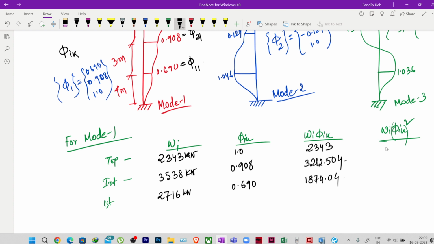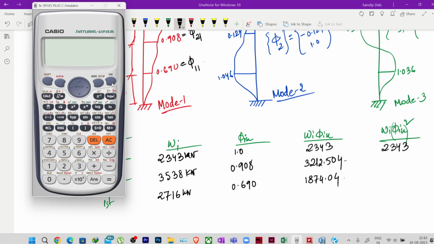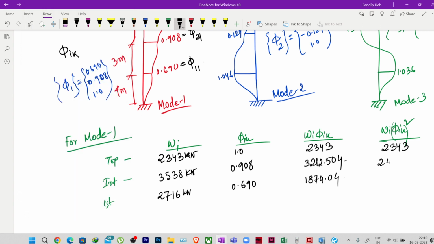For the first one it will be the same because this is 1, so 2343. The next one will be 3538 multiplied by 0.908 square, so it is 2916.954.